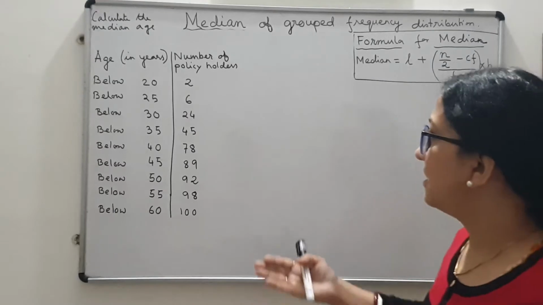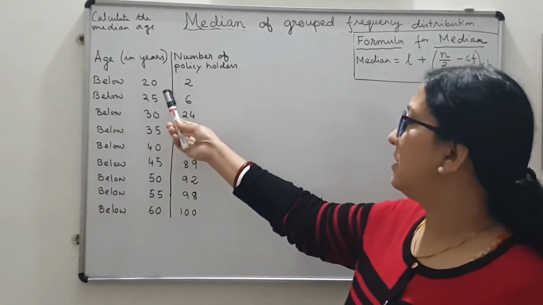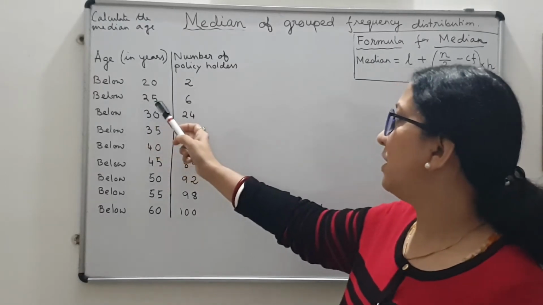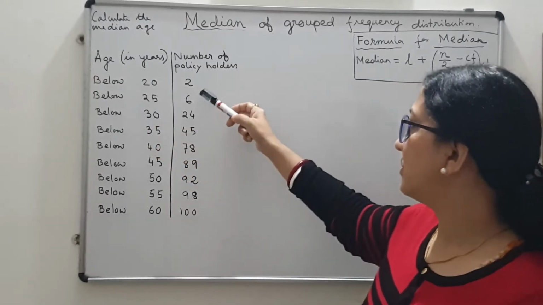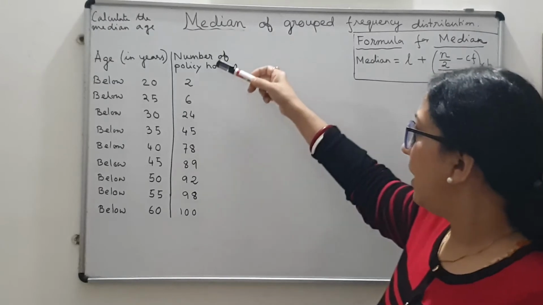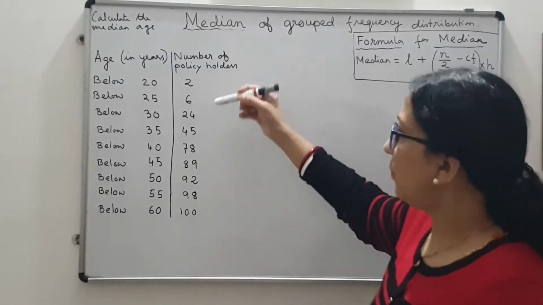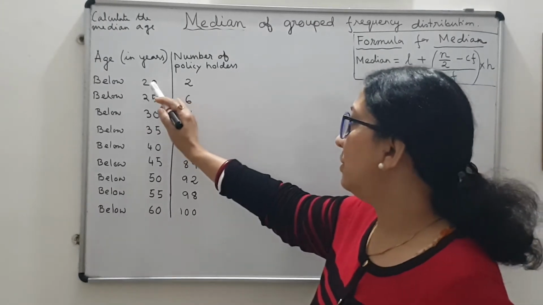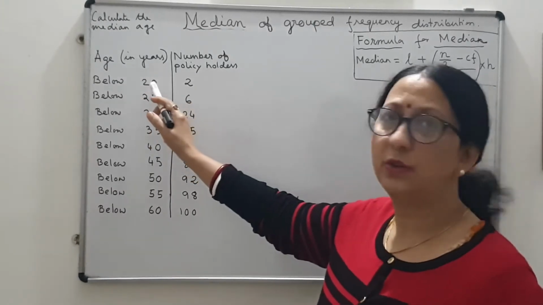So that means it is like this: below 20 years of age, there are two policy holders, below 25 years of age, 6 policy holders. When I say below 25 years, that will include all policy holders who are below 20.